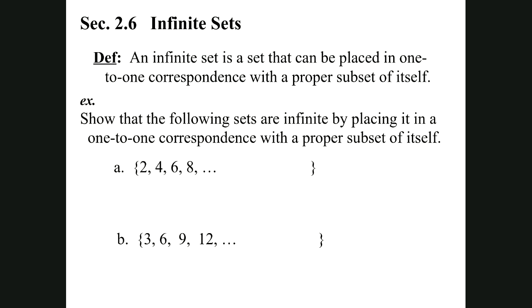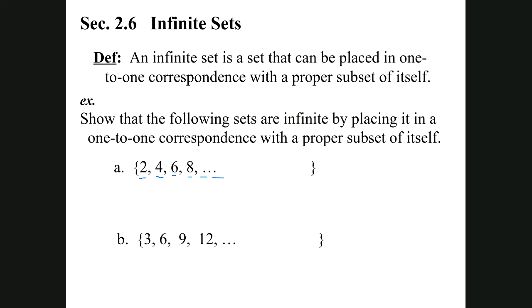Okay, so the question says, show that the following sets are infinite, and I tell you how to do this: by placing it in a one-to-one correspondence with a proper subset of itself. But we have to do this for every element in the set. So when we look at example A, we can see that the first element is 2, the second term is 4, the third term is 6, the fourth term is 8, the fifth term is 10, the sixth term is 12.